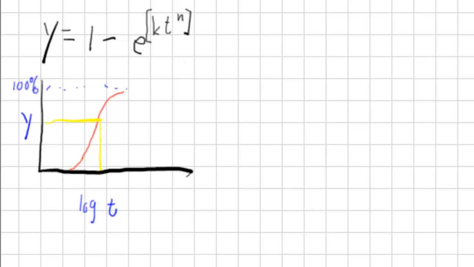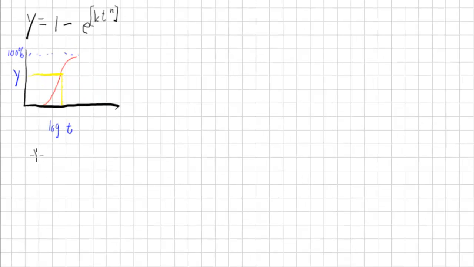In our problem, we have a couple of samples that have undergone a certain amount of transformation, and that amount here is 0.2, and so 20% of it has been transformed, and it took 13.1 minutes.